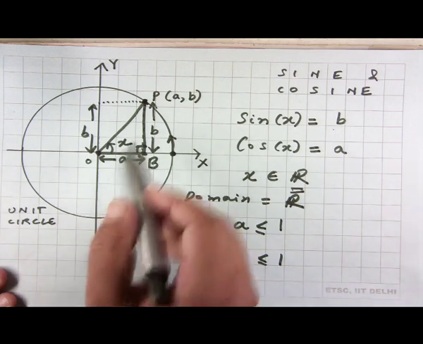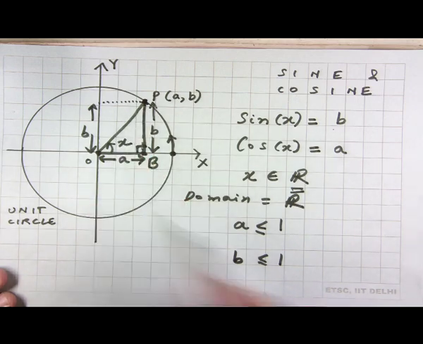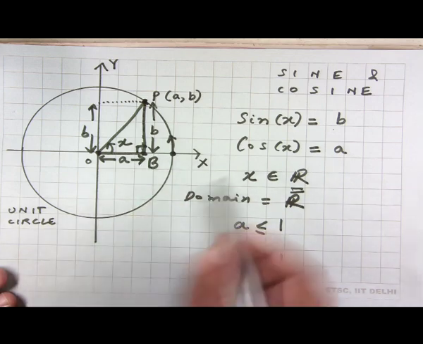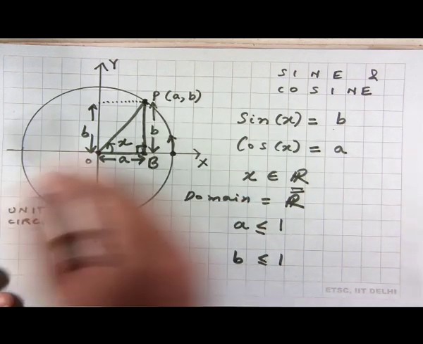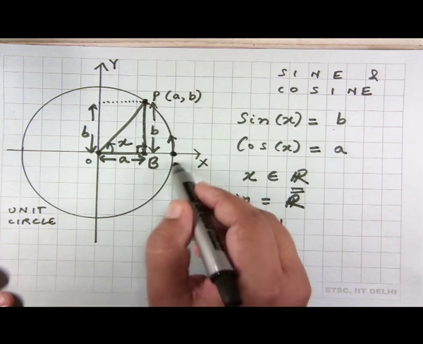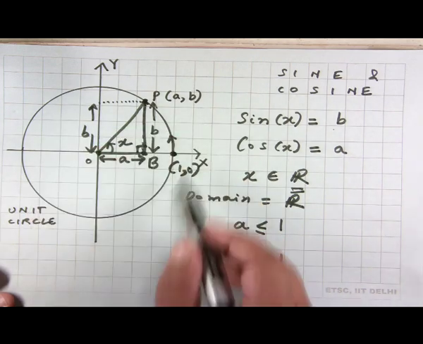Now, this is an upper bound. a always has to be less than or equal to 1, because the largest x coordinate of any point on this circle will not exceed this point, whose coordinate is 1, 0. So the x coordinate of any point on the circle cannot be more than 1.